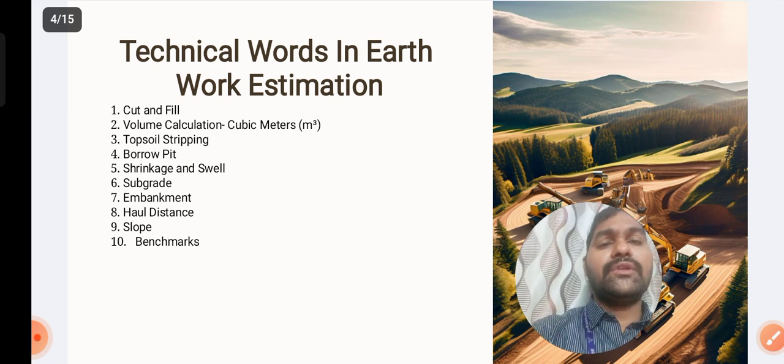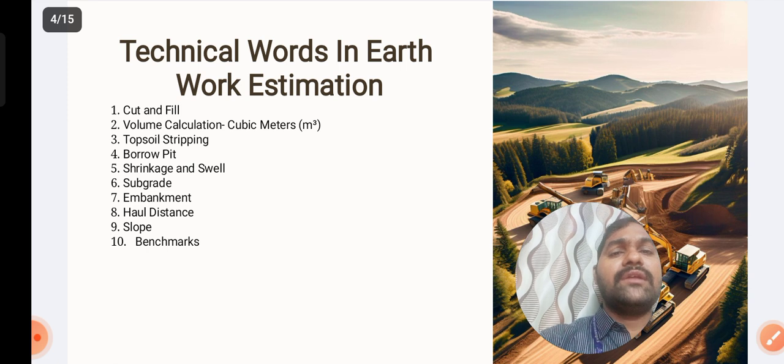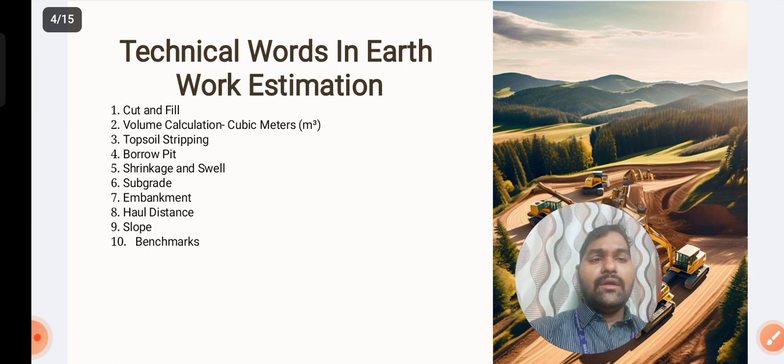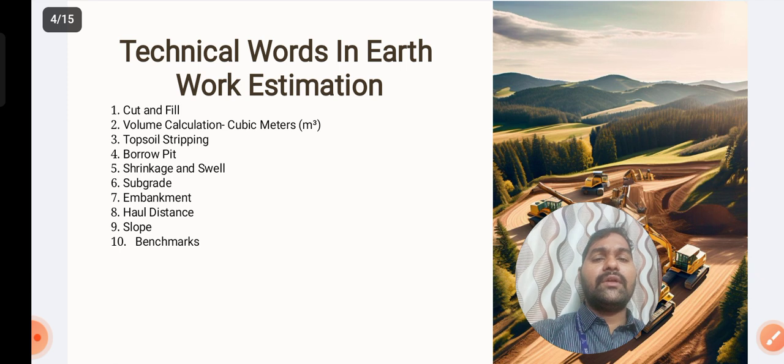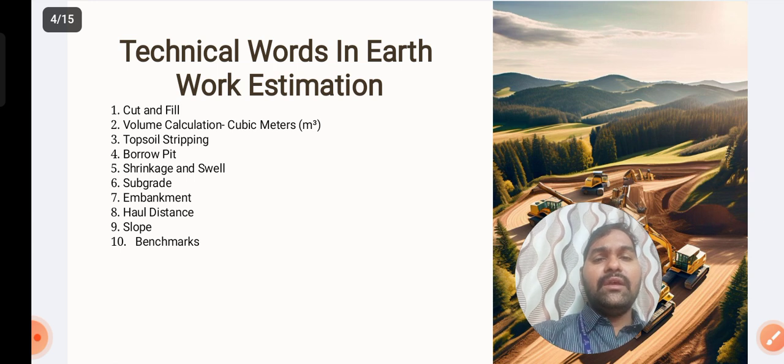Generally, the terms people use on site are different, and in our theoretical examinations we call them differently. The first one is cutting and the next one is fill. Before discussing cut and fill, we discuss surveying. In surveying, if you do the levelings and draw a profile, you get the existing ground profile.